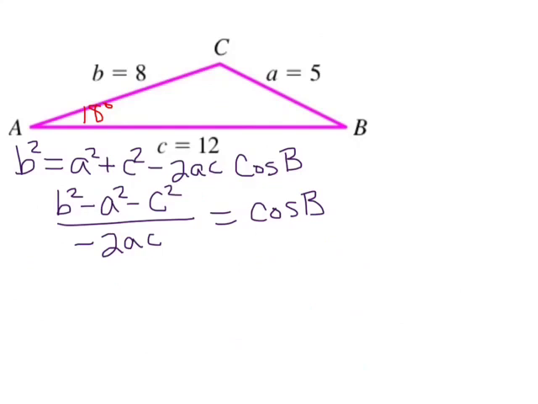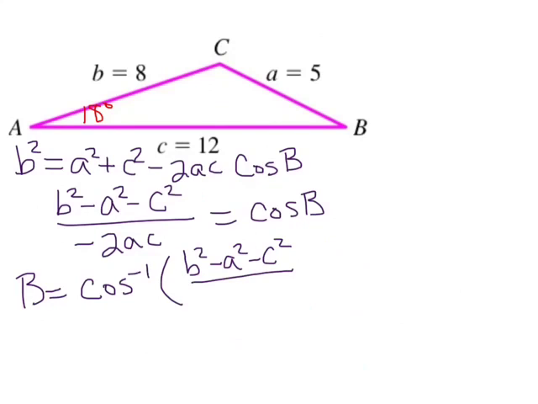Alright, so I have that right there, and I can state very quickly that B equals cosine inverse of (b squared minus a squared minus c squared) over negative 2ac.